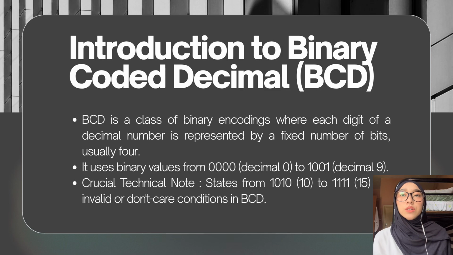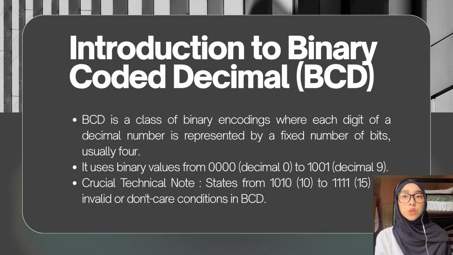So here is the introduction to binary coded decimal, which is BCD. First, BCD is a class of binary encodings where each digit of a decimal number is represented by a fixed number of bits. Usually, it is 4.